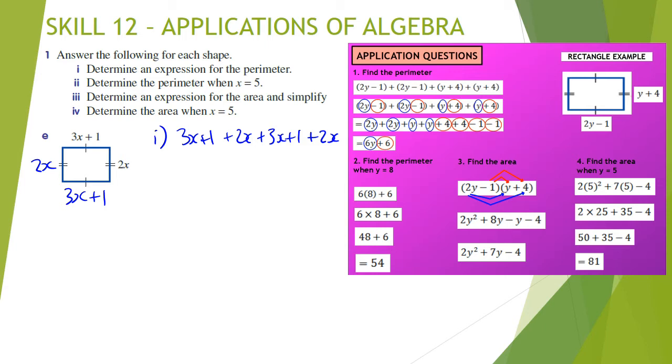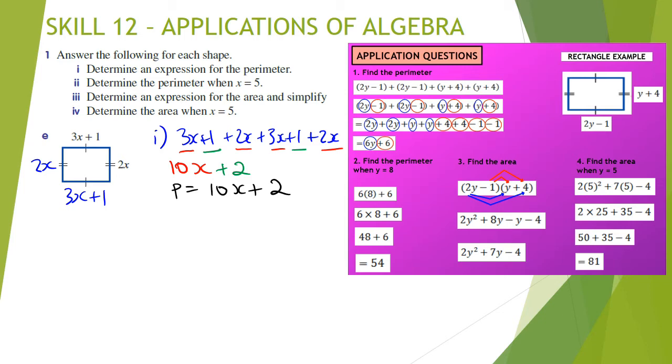Now we need to group the like terms, so we've got 3x, 2x, 3x and 2x, which all up gives us 10x. Then we look at the numbers, plus 1 and plus 1 gives plus 2 on the end. So our final expression, perimeter equals 10x plus 2.